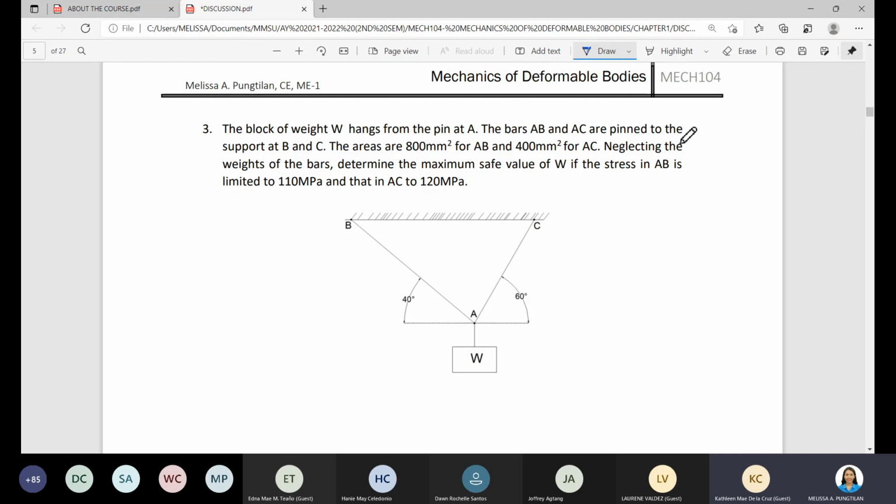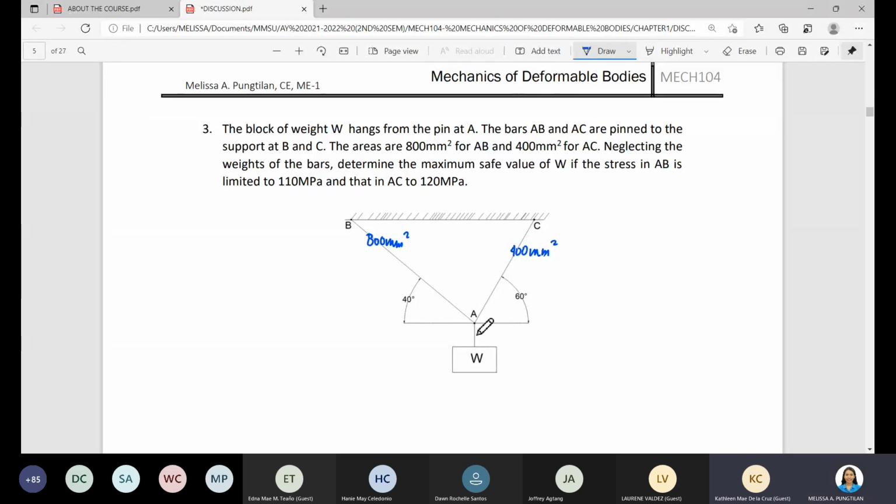So meron daw tayo ditong block with weight W. It is being supported by member AB and member AC. So yung member AB natin has a cross-sectional area of 800 square millimeter. AC natin is 400 square millimeter.